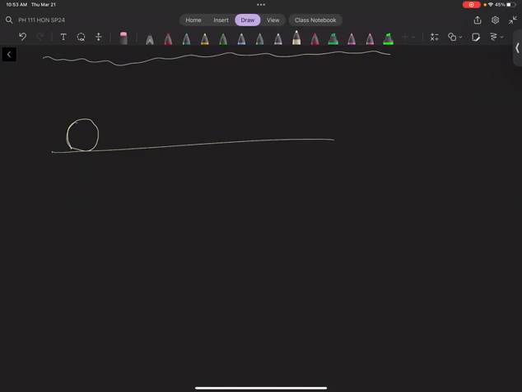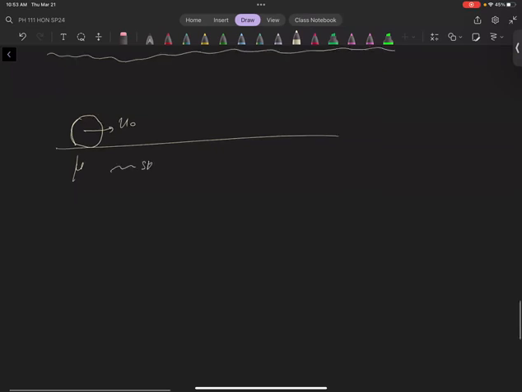So we give the bowling ball some initial speed. The coefficient is pretty low. That's why it's called a bowling alley, and you're not supposed to walk on it because it's very polished. The friction is very low. And at some point, you have some skidding going on.